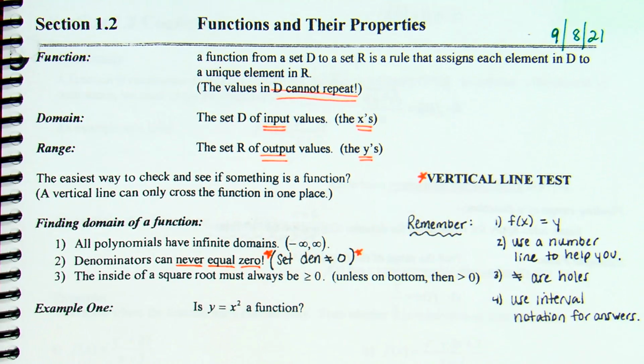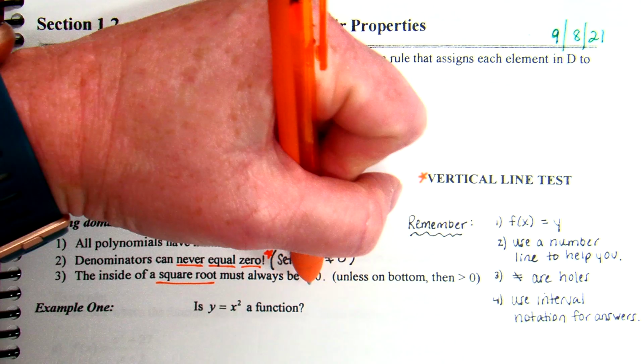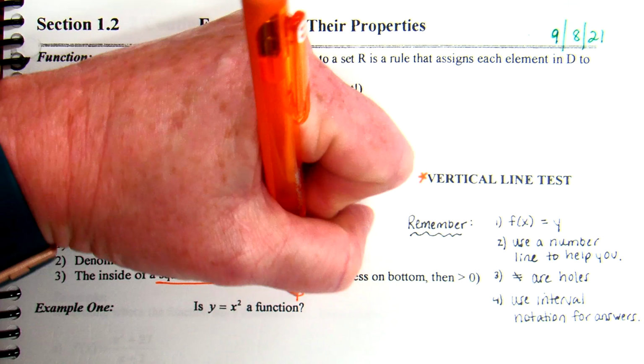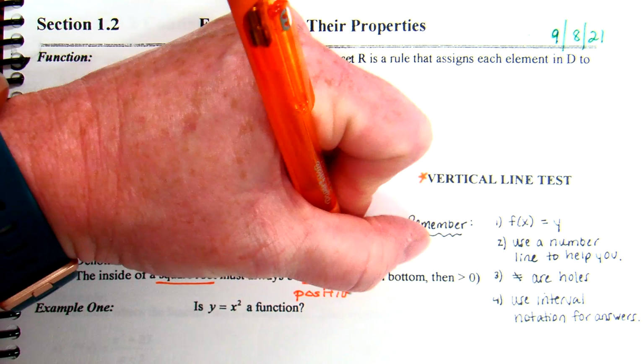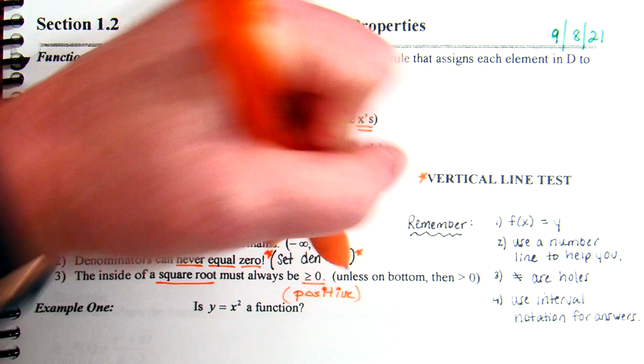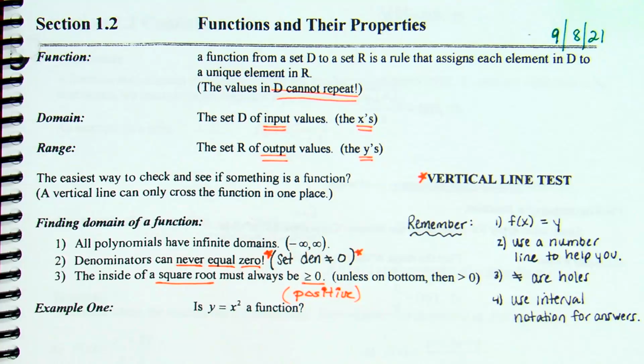So the inside of a square root has to be positive, or in other words, greater than or equal to 0. That's the basic way of saying it must be positive. So we'll set denominators equal to 0 to figure out where excluded values are, and we'll set anything under a square root greater than or equal to 0 to figure out what values we might need to exclude there.